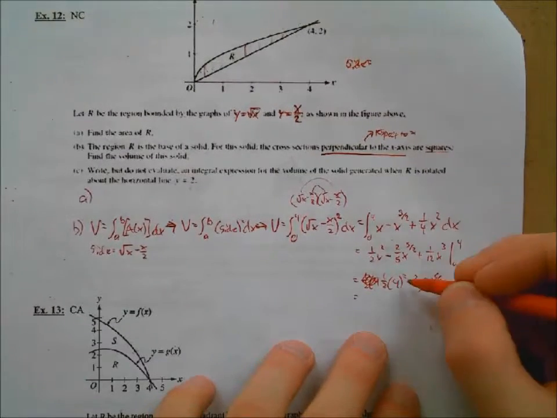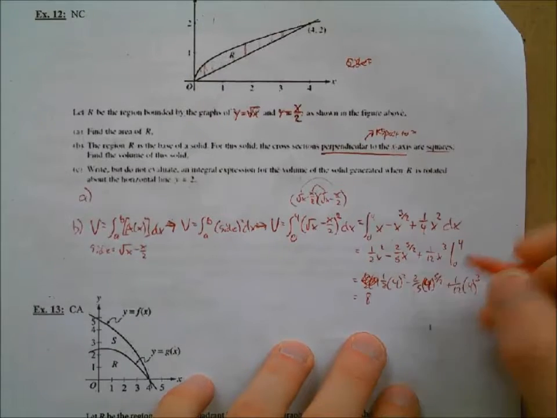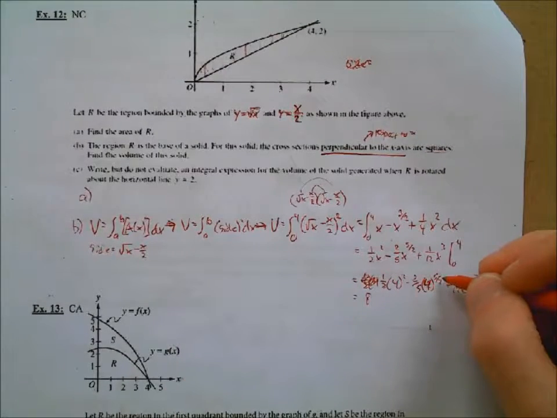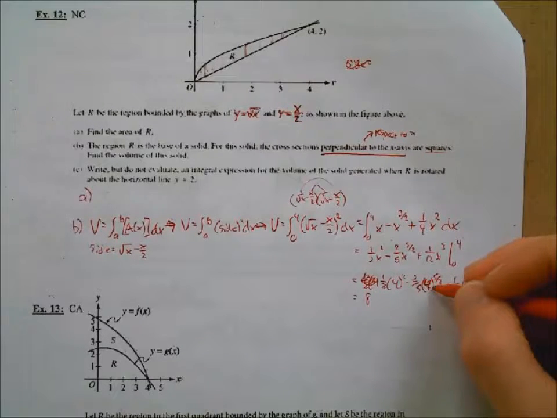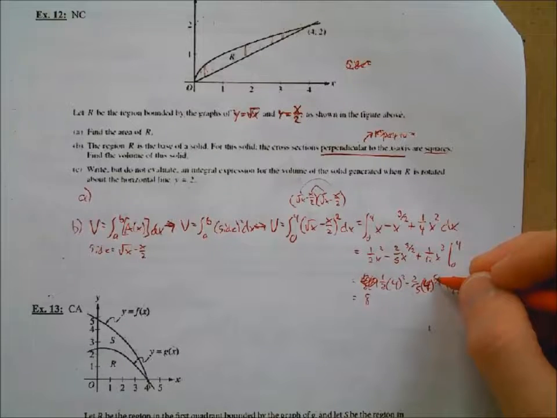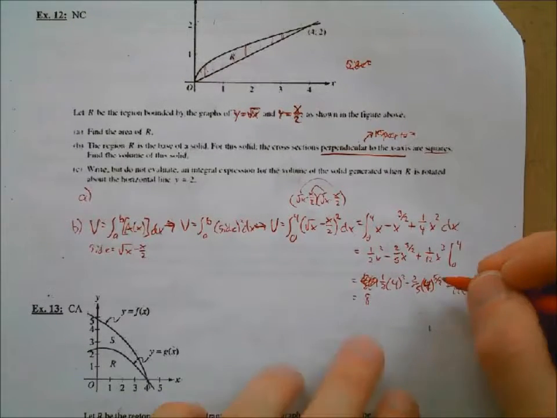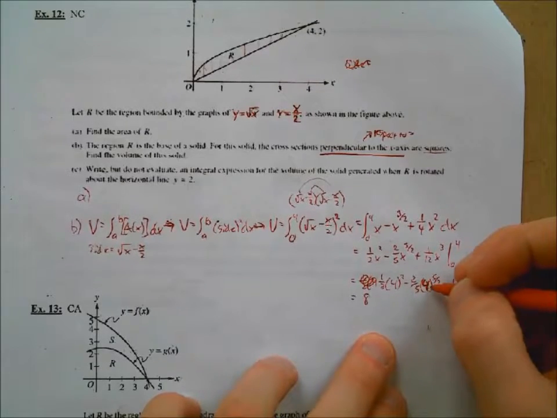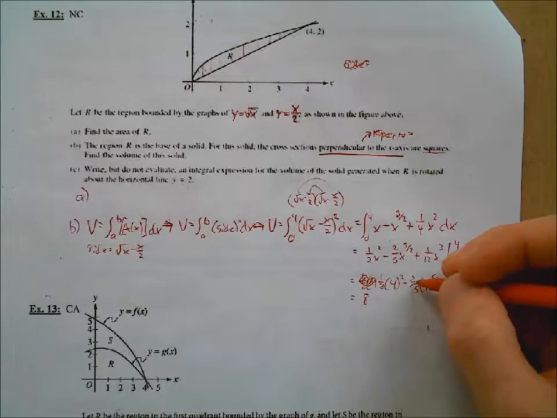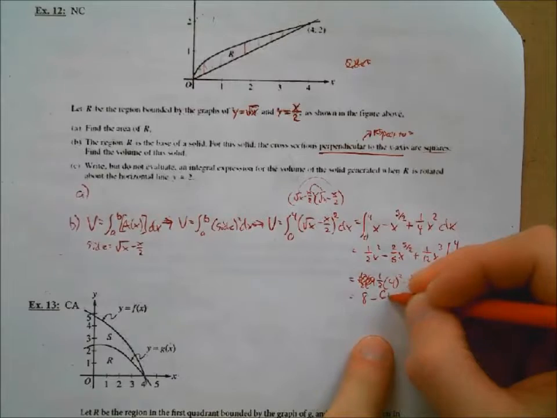But let's see here. 4 to the 5 halves: the half part means we take the square root, so it's really just a 2, and then 2 to the 5th, which is 4, 8, 16, 32. Then 32 times 2/5, so it'll be minus 64 fifths.